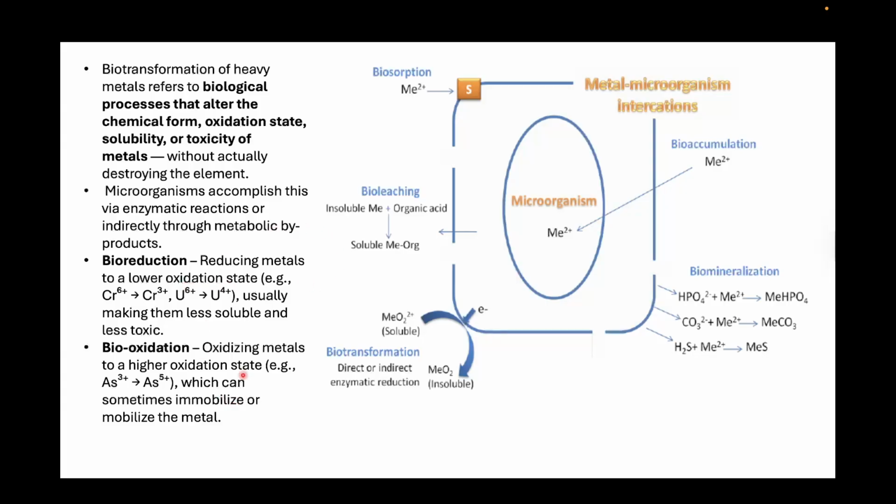Bioreduction is reducing metals to a lower oxidation state such as uranium 6 to uranium 4, usually making them less soluble and less toxic, and oxidizing metals to a higher oxidation state is biooxidation such as in arsenic, which can sometimes immobilize or mobilize the metal. So the concept that we learnt is that in bioreduction the heavy metal can be used as an electron acceptor, thus connecting it directly to the energy yielding process of the microorganism.